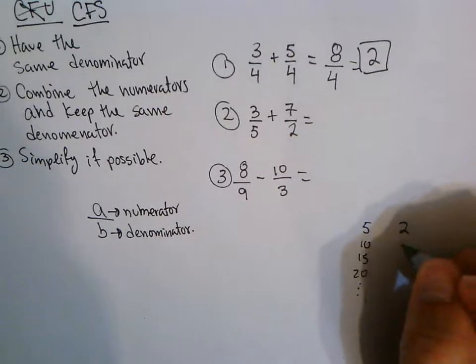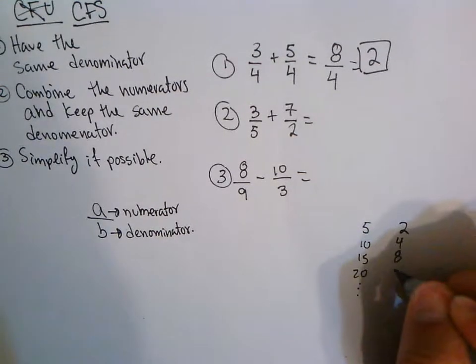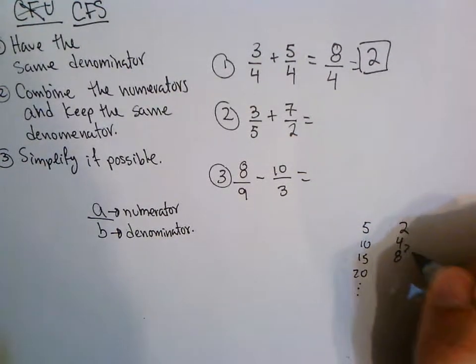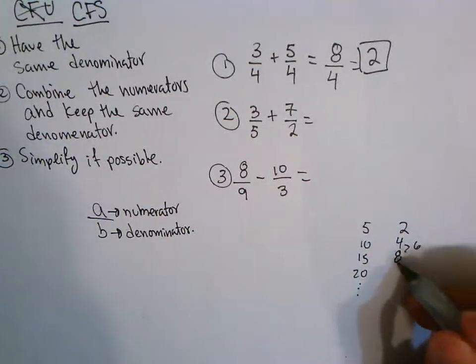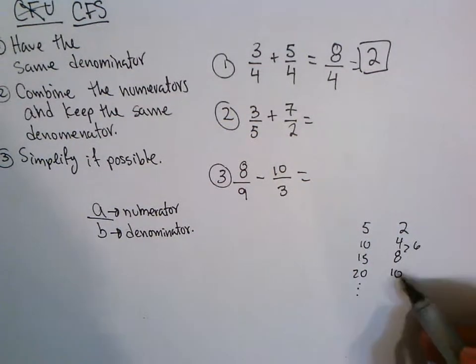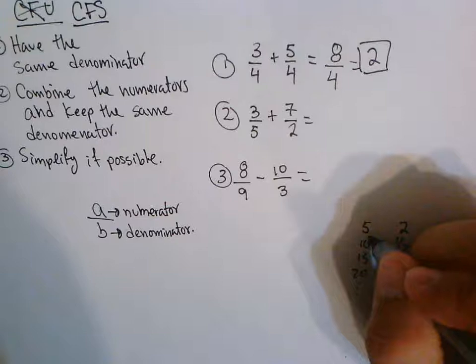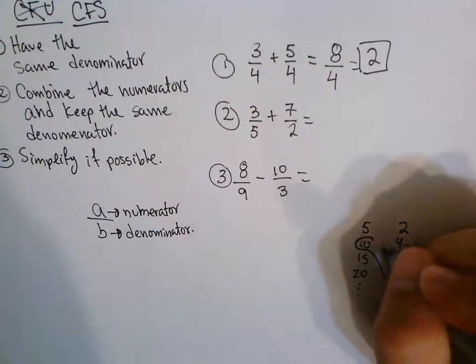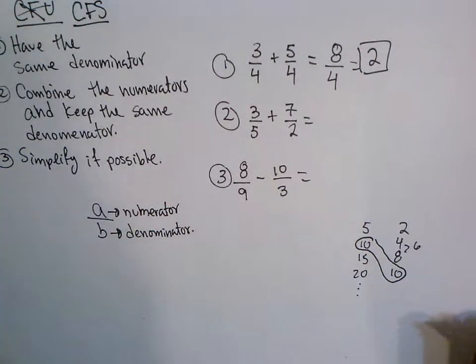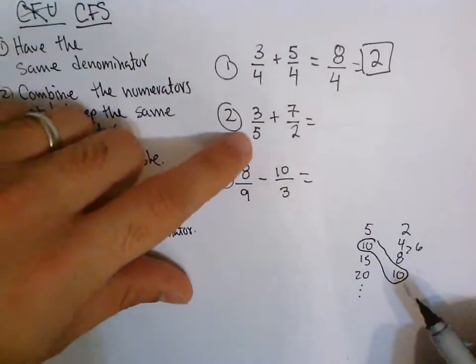And for 2, we have 2, 4, 8. Well, I actually skipped 6. 2, 4, 6, 8, 10. Notice that 10 is the first multiple that comes out for both of them. So that is a denominator that I will use for both of them.